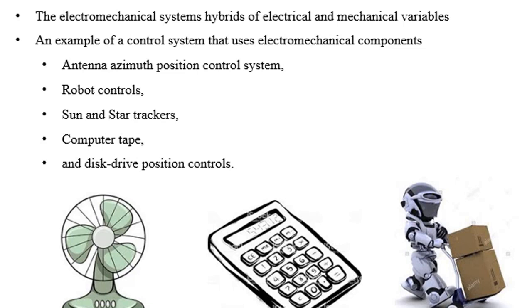Various examples are antenna azimuth position control system, robots control, sun and star tracker, computer disk drive position control system. Very common example in our real lives is fan, in which we have electrical input and a mechanical output.